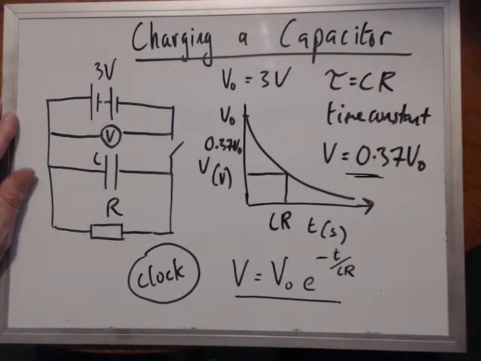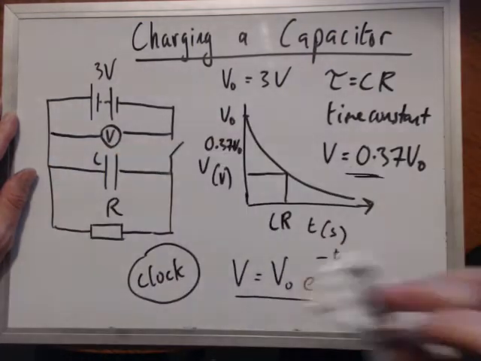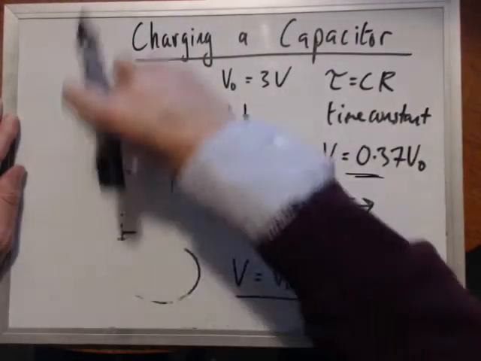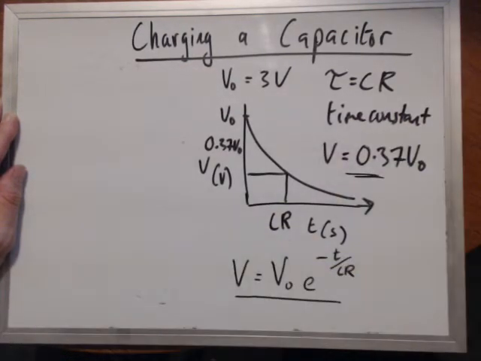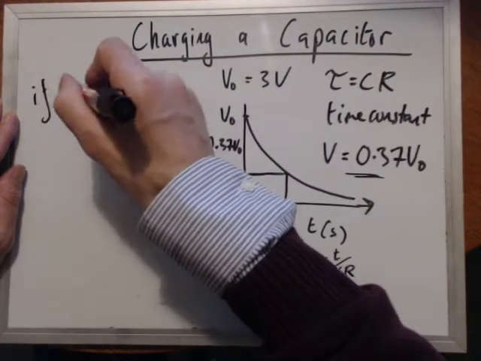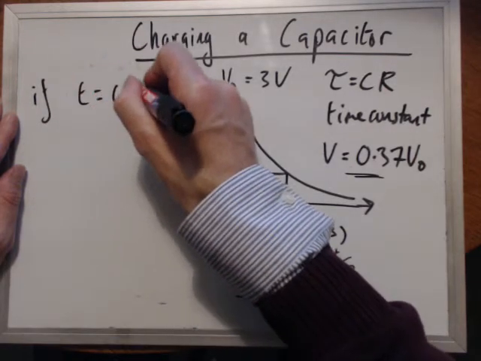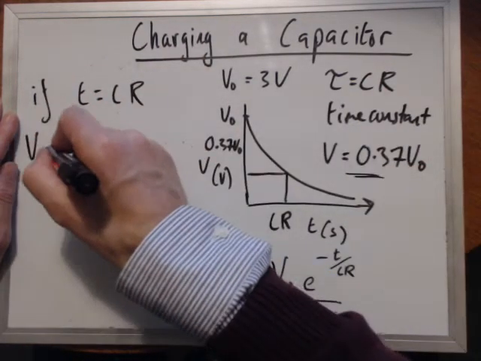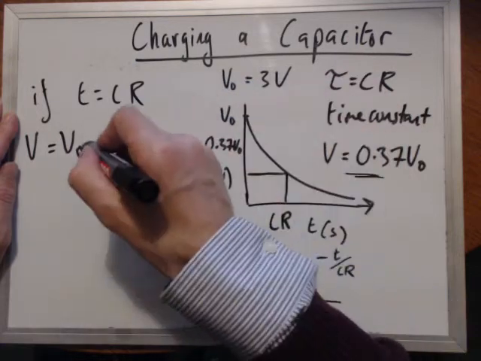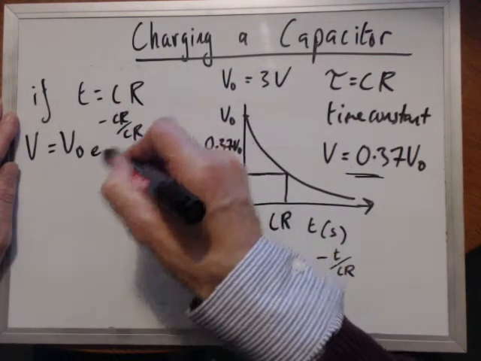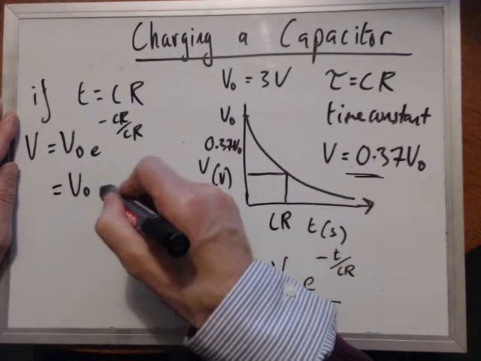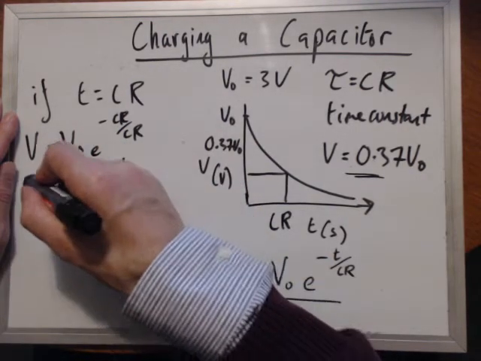So what we can do is, I'm going to rub this off now. I don't need it for now. We'll draw it back on again if we need to. We could say that if the time is equal to CR, then V equals V0 e to the minus CR over CR, which equals V0 e to the minus 1.